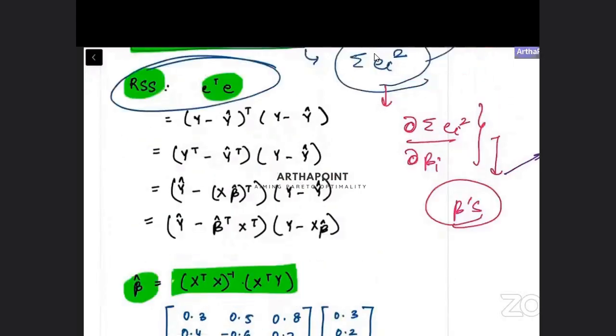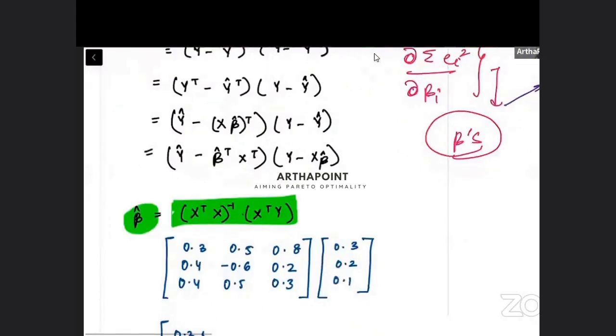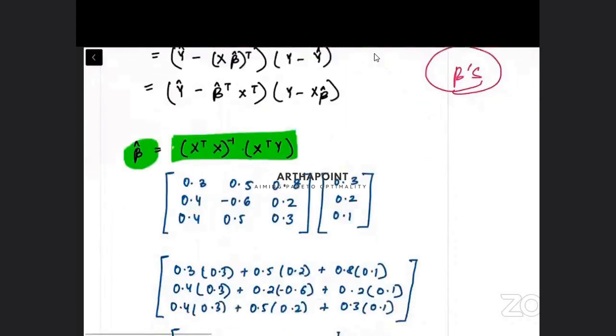So on minimizing the residual sum of squares, the betas that you get are X transpose X inverse into X transpose Y.